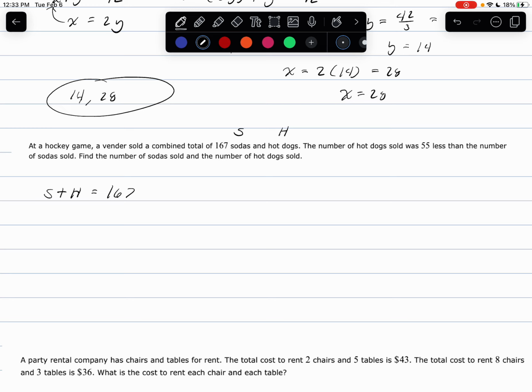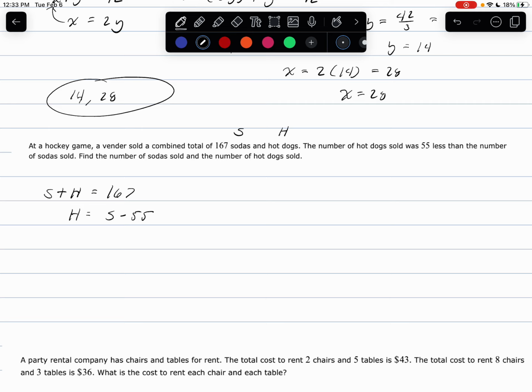It also says the number of hot dogs was 55 less. So the number of hot dogs, H, is equal to sodas minus 55, because we're taking away 55 from the number of sodas.